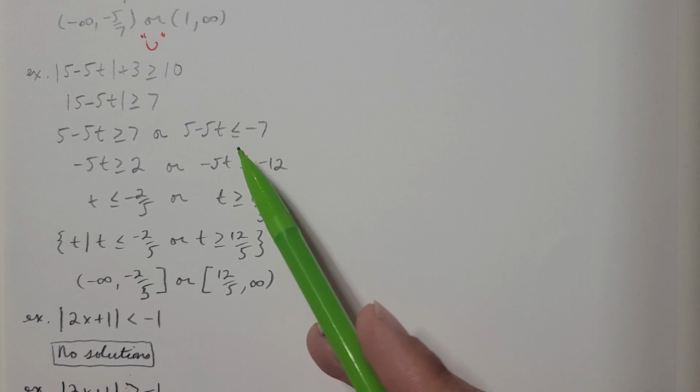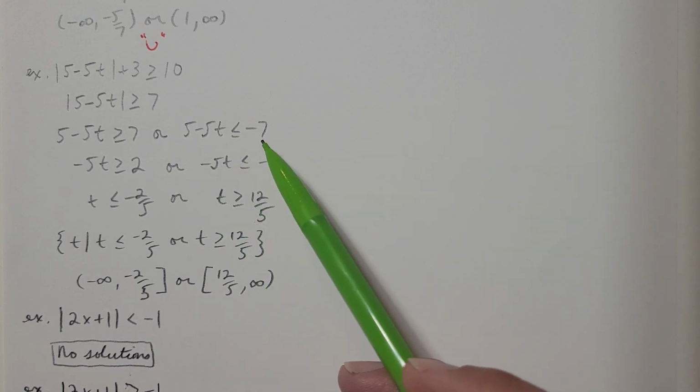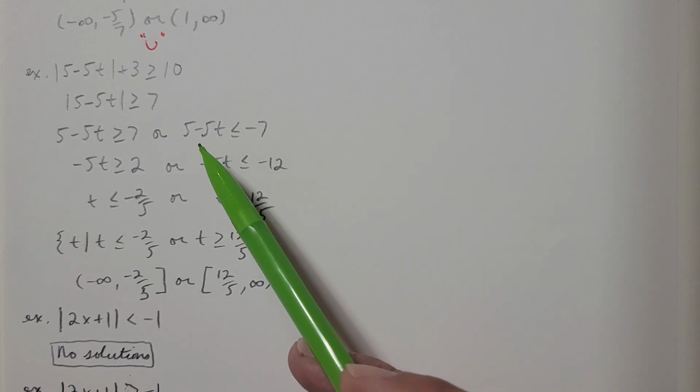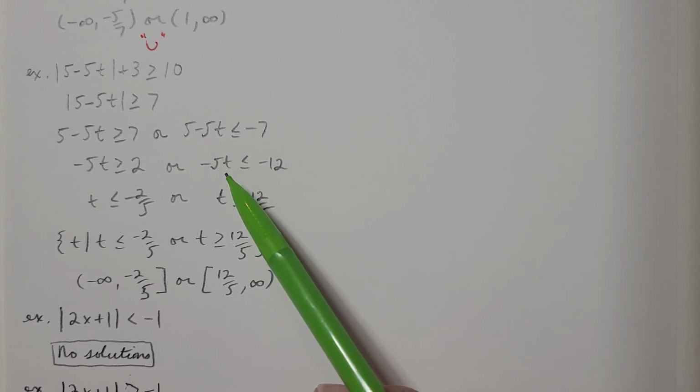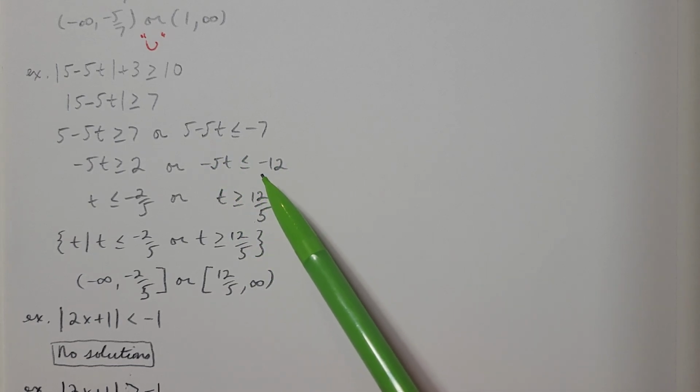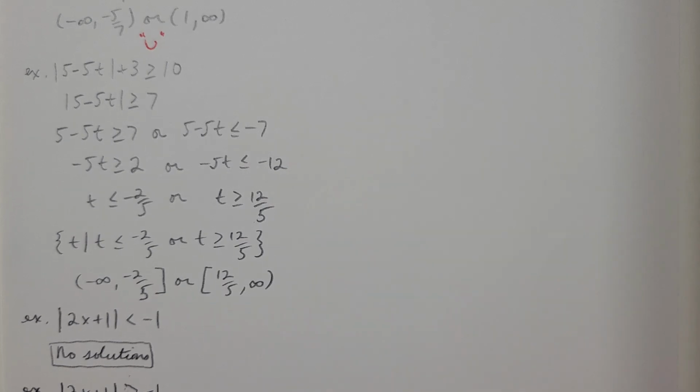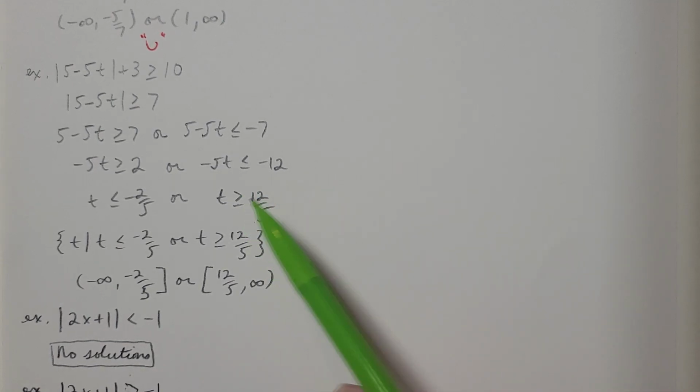Or, yeah, do the same thing on the other inequality. So subtract 5 and divide by -5. When I subtract 5, I have -5t less than or equal to -12. And then if I divide by -5, I'm dividing by a negative number, so I must flip the sign. And it looks like t is greater than or equal to 12/5.